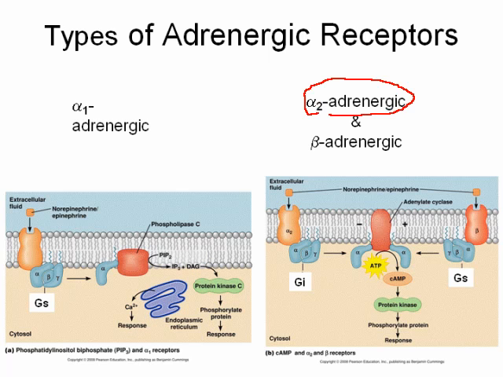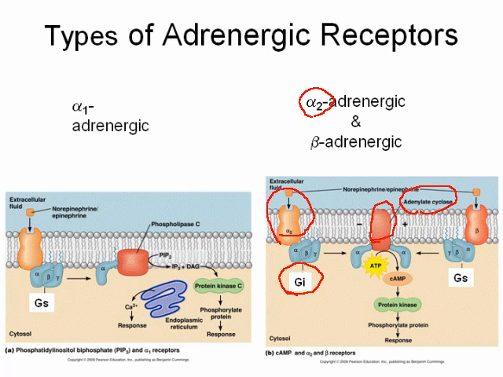The alpha 2 receptor and all 3 of the beta adrenergic receptors, so beta 1, 2, and 3 here, all work through the cyclic AMP system. The alpha 2 receptor stimulates a G protein coupled receptor, but this is Gi. Gi inhibits the amplifier enzyme, which in this case is adenylate cyclase.